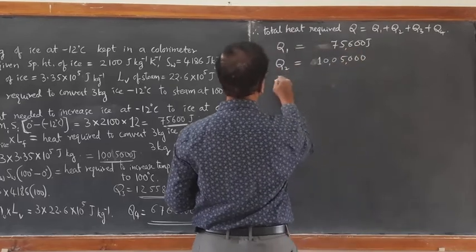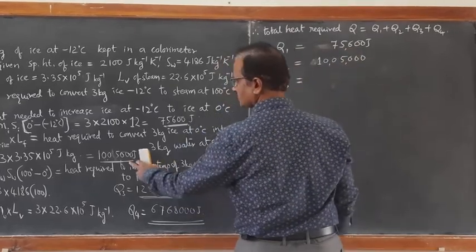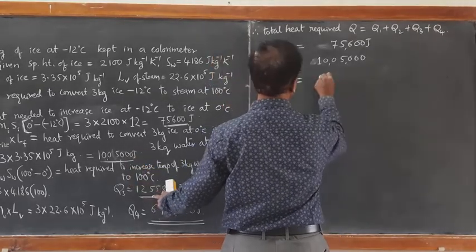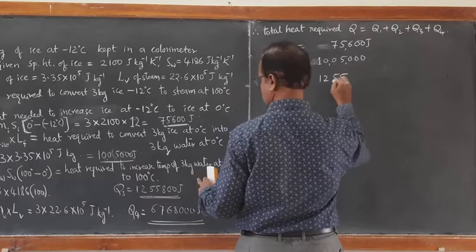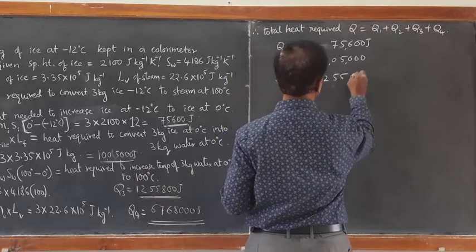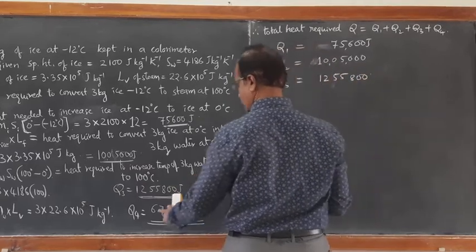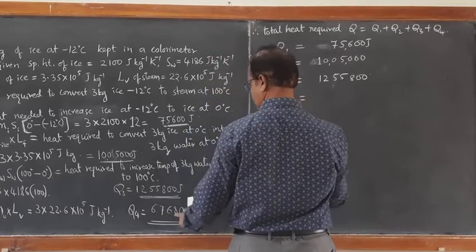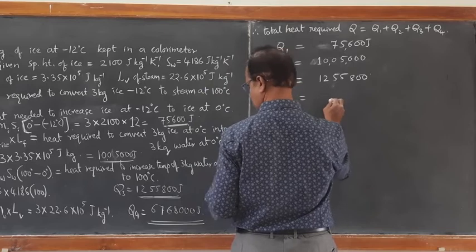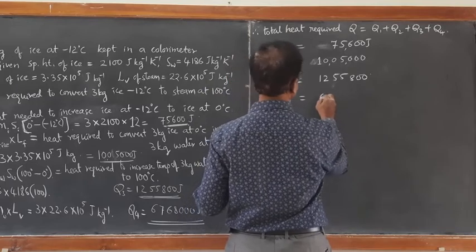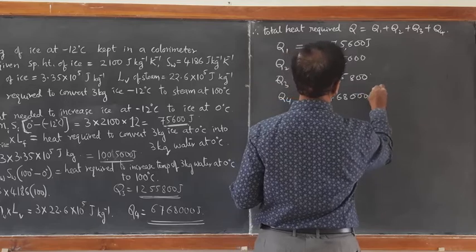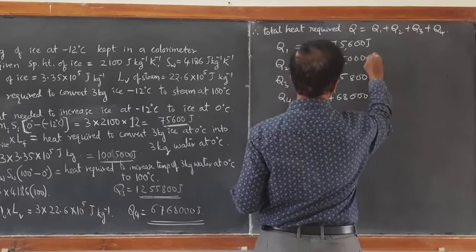Q3 when you calculate, here it comes out to be 12 lakh 55,800 joules. Then Q4 is calculated to be 67 lakh 68,000 joules. These are all in joules.